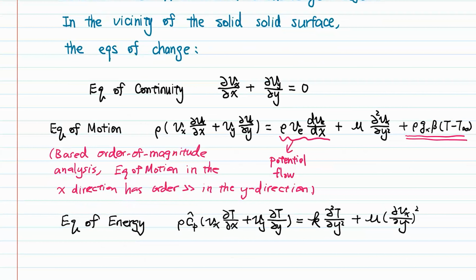In most cases during our discussion, we will assume that the density, the viscosity, the thermal conductivity, and the heat capacity are constant.